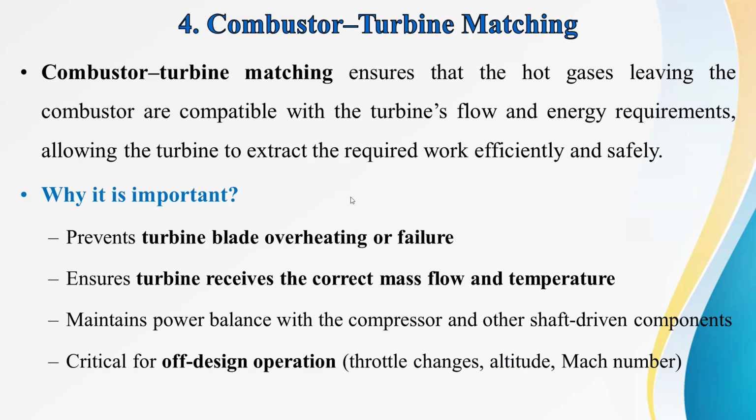And why is it important here? It is to prevent the turbine blades from overheating or failing, to ensure the turbine receives correct mass flow and temperature, to maintain power balance with the compressor and other shaft-driven components, and finally for critical off-design operations.